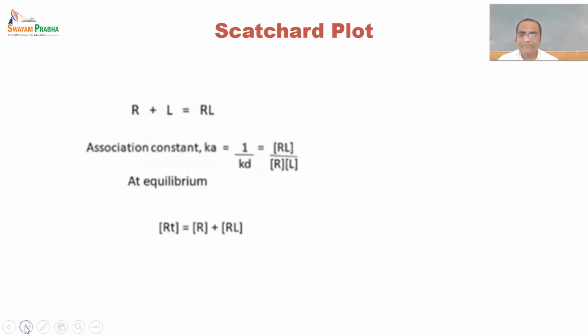At equilibrium, after a certain time, there is some remaining R and there is the complex RL. The remaining R means that not all the available ligands have bound with a receptor to form the RL complex, and this is the R concentration, the receptors that are available for binding.